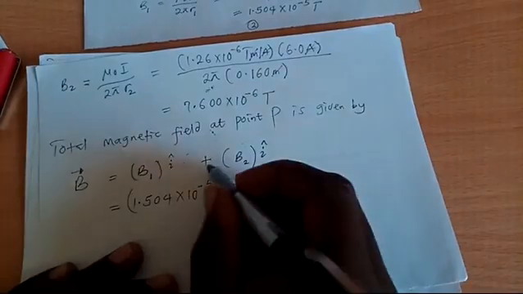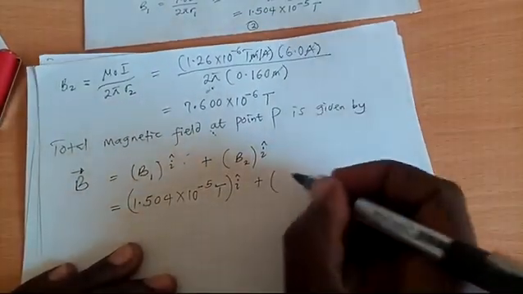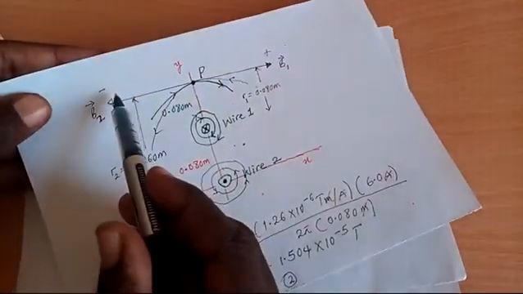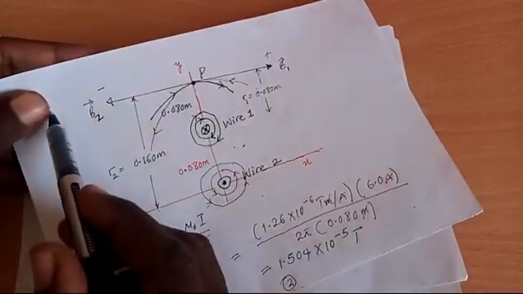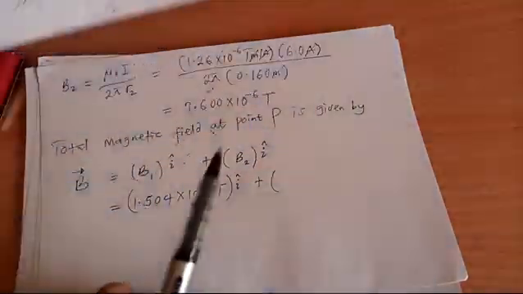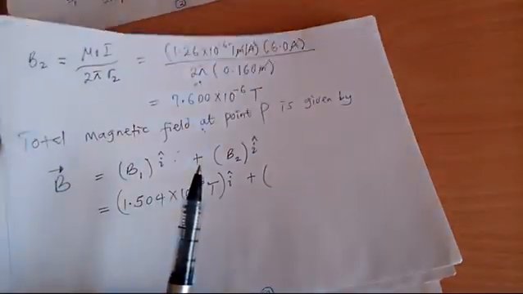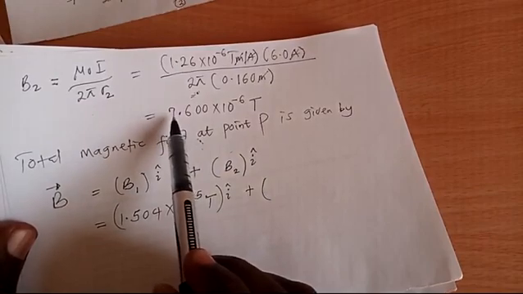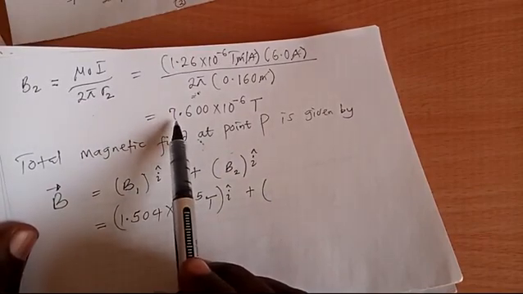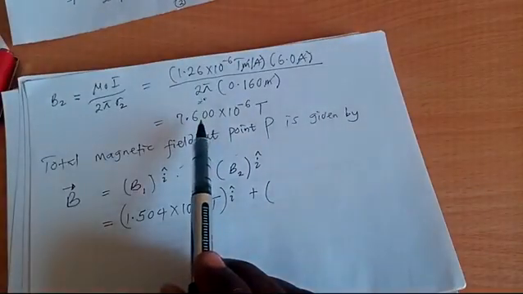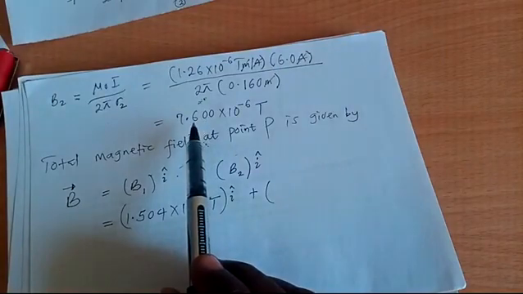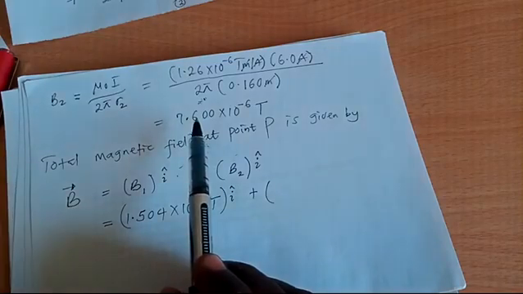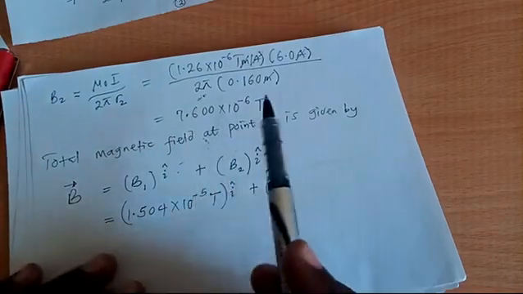I hat, then plus, then I open bracket again, but my B2, since it is directed in the negative x direction, has to be negative. This is important, even though in the calculation you didn't see a negative sign here. You consider the direction. The negative sign comes from the fact that it is directed in the negative x direction, so it has to be negative because it is a vector, not a scalar quantity.